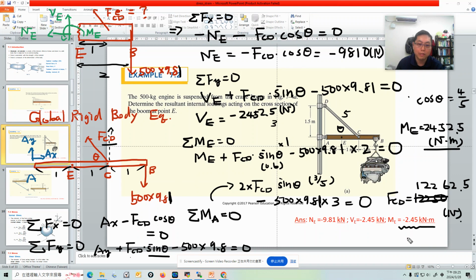That means the real answer is counterclockwise. And here we assume it's counterclockwise, so we get a positive, so the real answer is counterclockwise. Let me check the textbook.